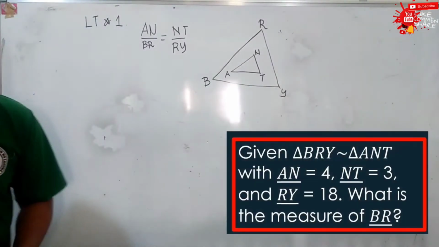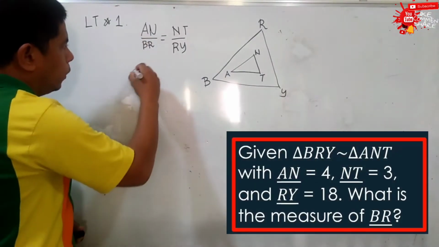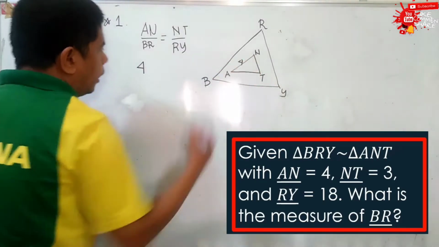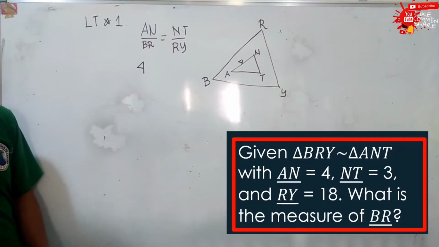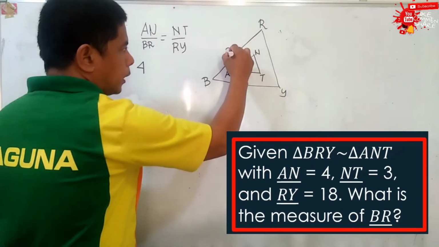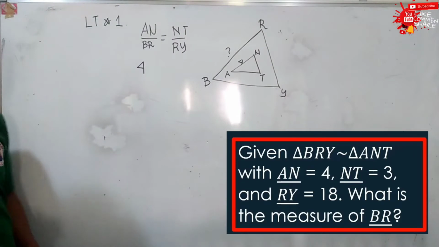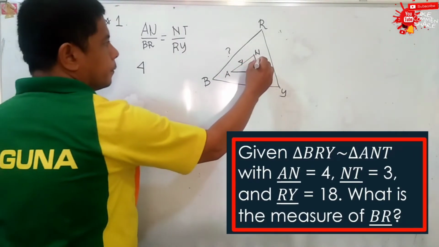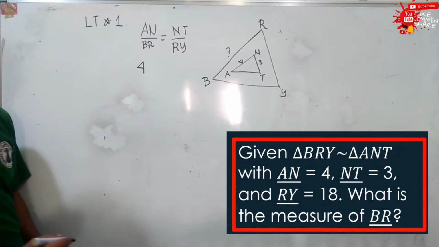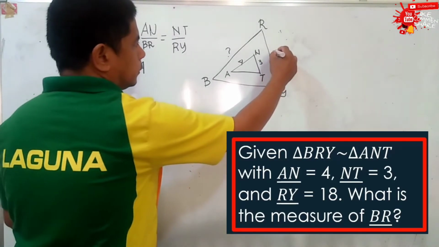Based sa given natin, AN is equal to 4, and BR is what we are looking for, and NT equals 3, and RY is equal to 18.